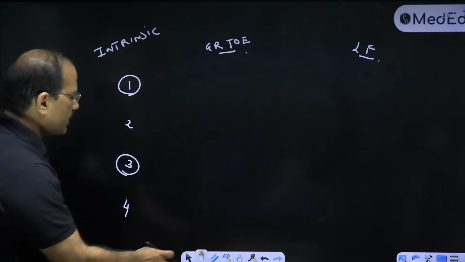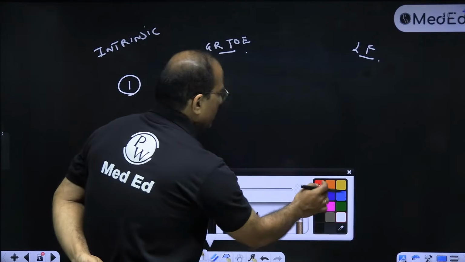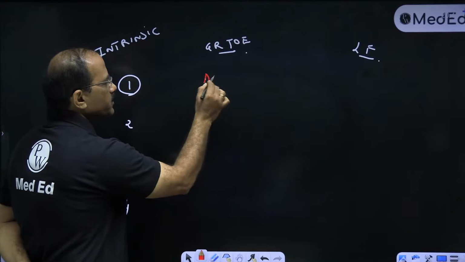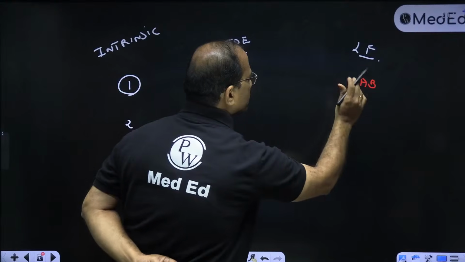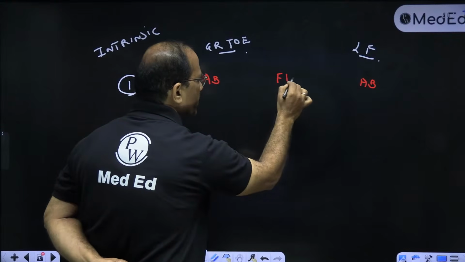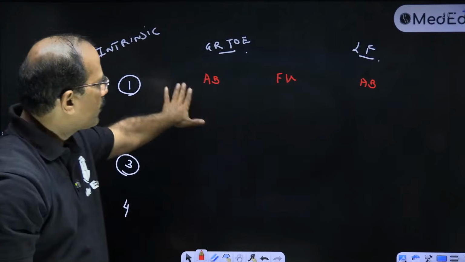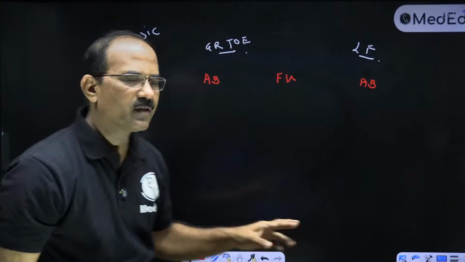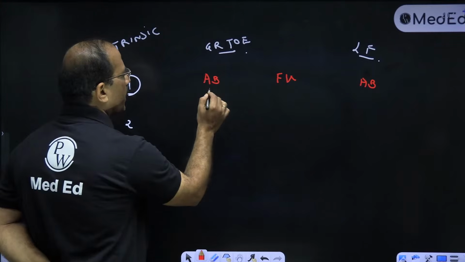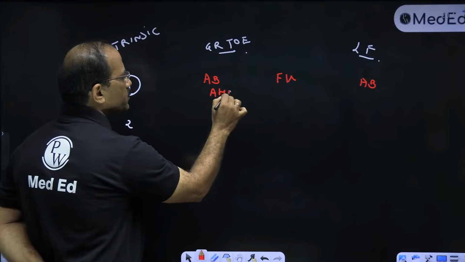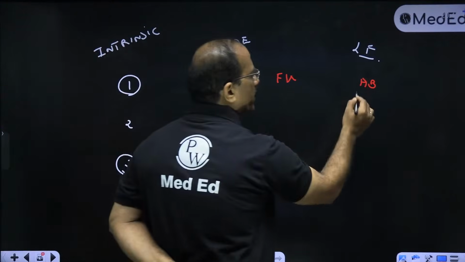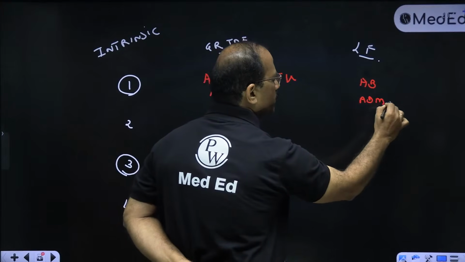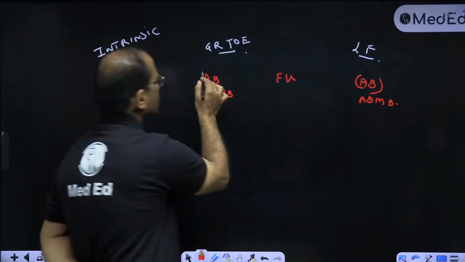How will you remember? Put an abductor here. See, I'll just write this down. Put an abductor here, and put a flexor in between. This is how you have to remember: an abductor, and a flexor in the middle. What will be its name? Abductor hallucis brevis. The great toe, abductor hallucis brevis. What will this be called? Abductor digiti minimi brevis. Yes, this is a mnemonic.